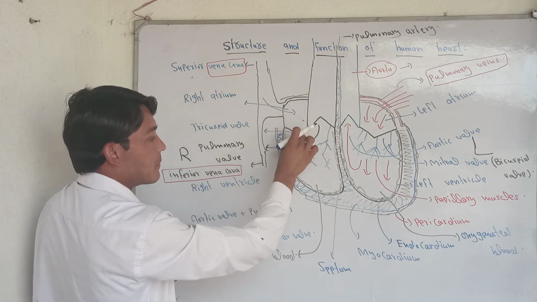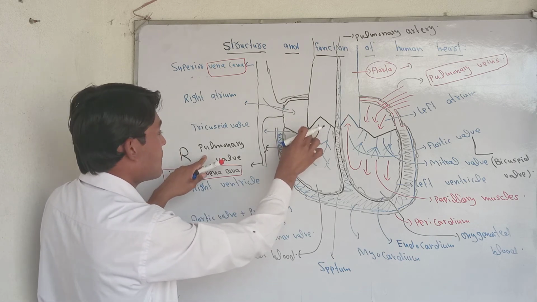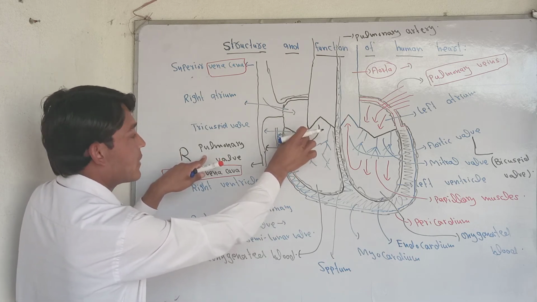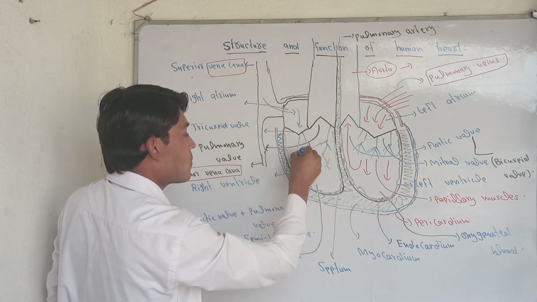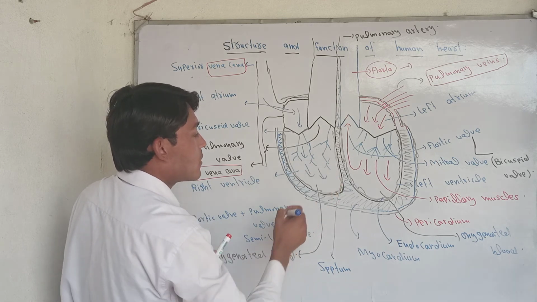Then in the right atrium there is a valve called the tricuspid valve, and the tricuspid valve opens and the deoxygenated blood flows into the right ventricle.